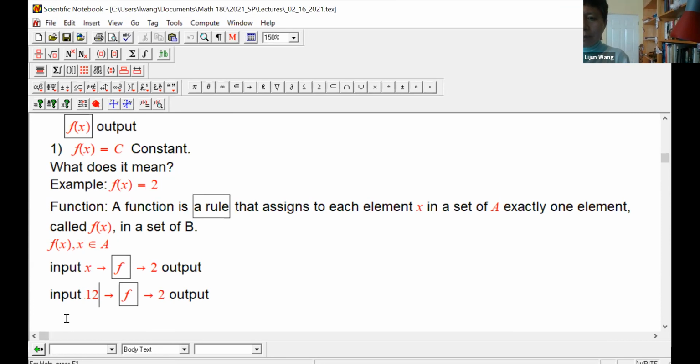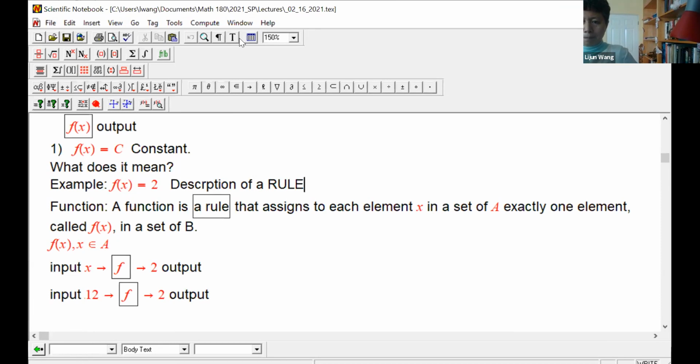So what are the numbers that are qualified to be the input? Tell me. Because that's the rule. This description is the rule. This is a description of a rule.